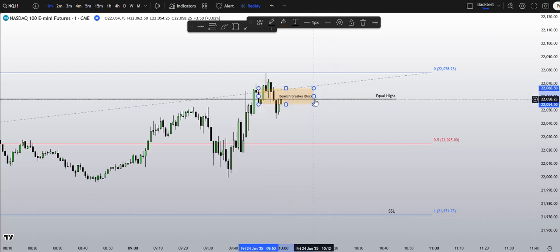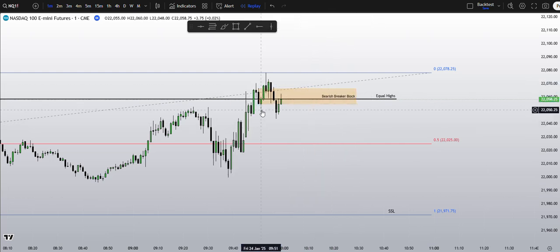Now, some of you may be a bit confused. You may have thought this was the breaker. No. That is an up closing candle. For bearish breaker blocks, it is the down close candle of the low before it makes a higher high.